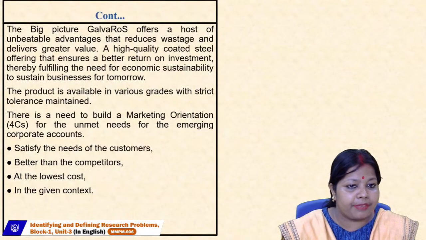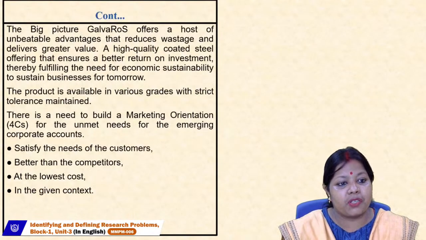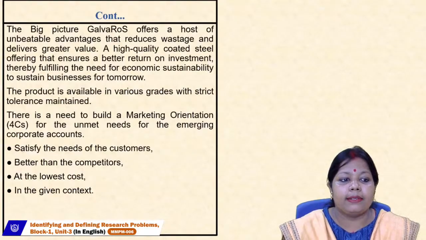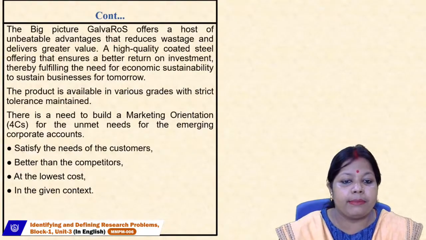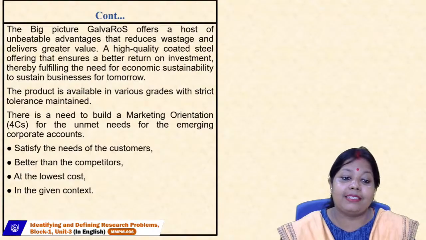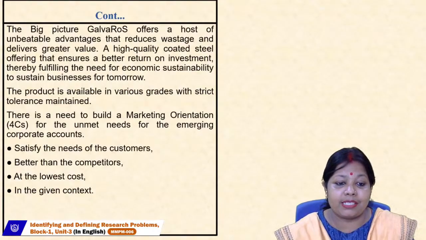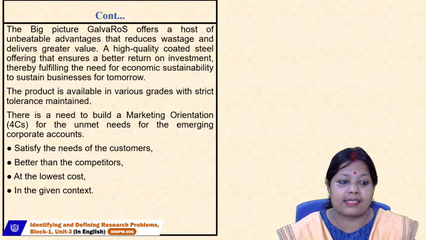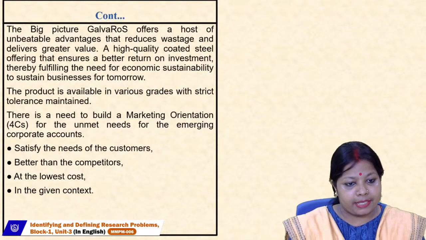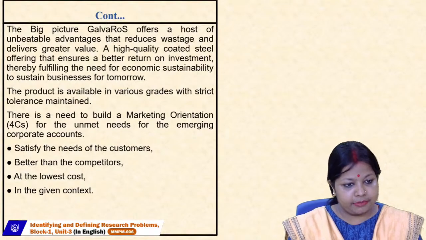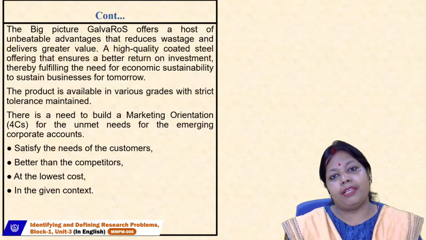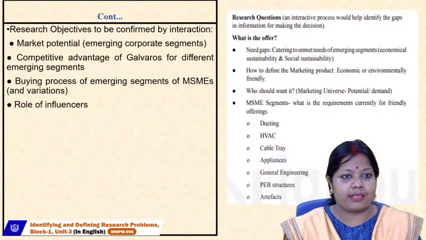The product is available in various grades with strict tolerance maintained. So there is a need to build a marketing orientation around the four Cs: customers, competitors, cost and context. So satisfy the needs of the customer better than the competitors, at the lowest cost and in the given context, which is most important.